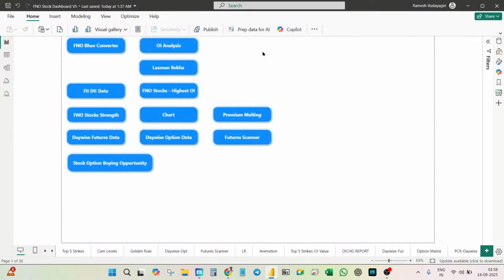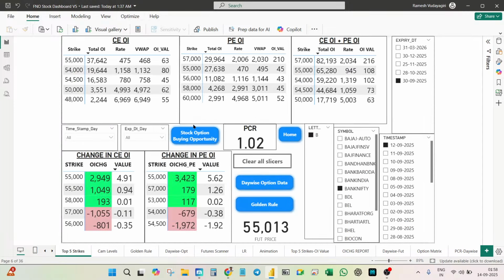Coming back to this, I am expecting 57,000, and maybe we can go around 56,000 also. At least a 1,000-point rally is possible in Bank Nifty. That is my expectation. Even in my Telegram channel I mentioned that the target for the 53,000 call option is around 3,000. Let us see the price of the 53,000 call option.